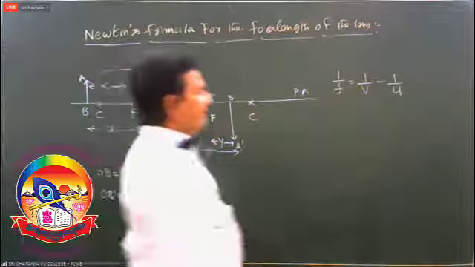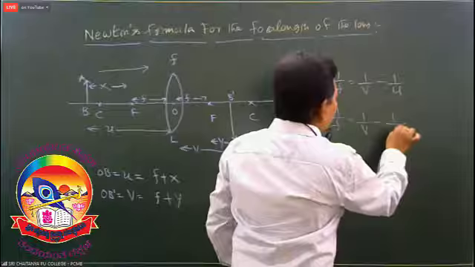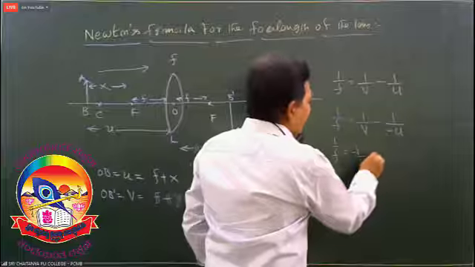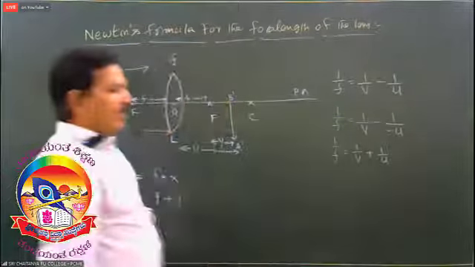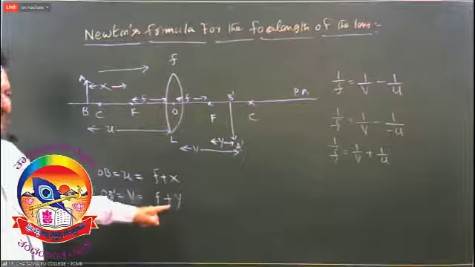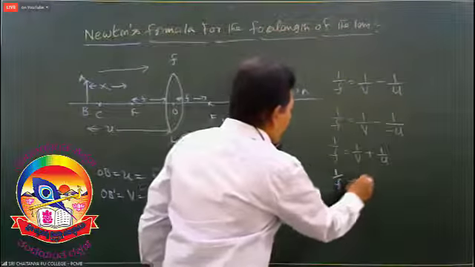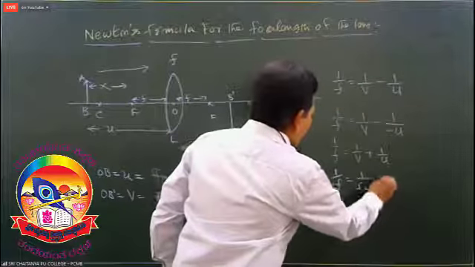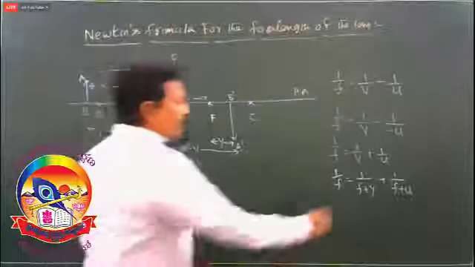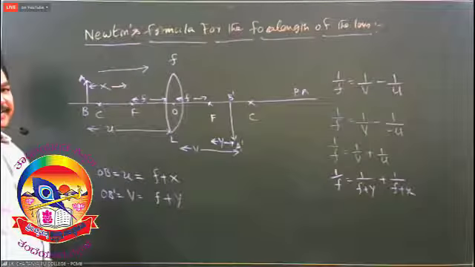Then substituting, 1 by f is equal to 1 by v minus 1 by minus u. Minus into minus becomes plus, so 1 by v plus 1 by u. After applying the sign convention, substitute the values of u and v. So 1 by f is equal to 1 by f plus y plus 1 by f plus x.